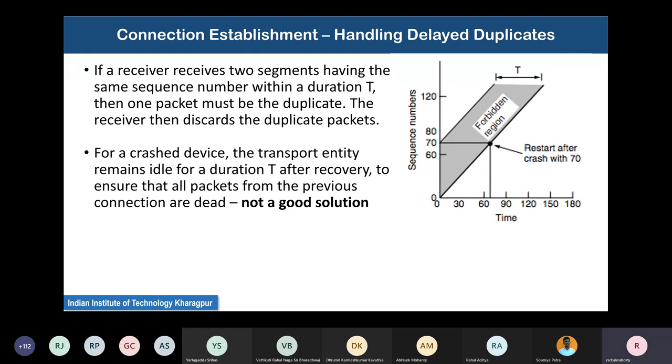Now, what happens while a connection is being established and suppose a receiver receives two segments having the same sequence number?